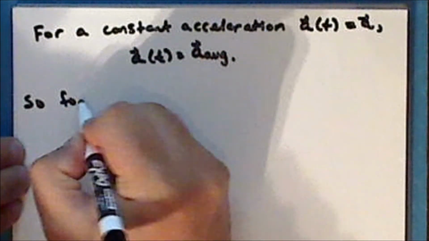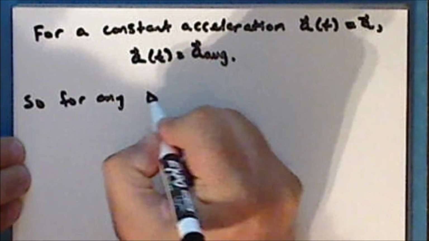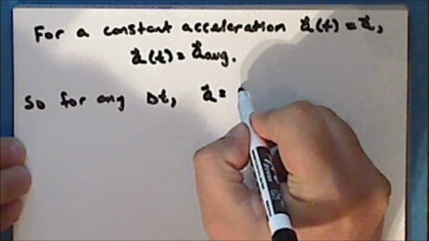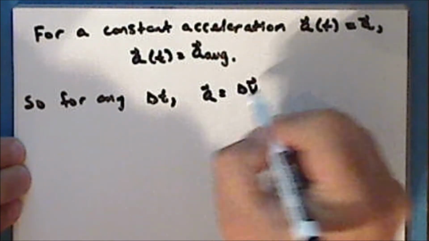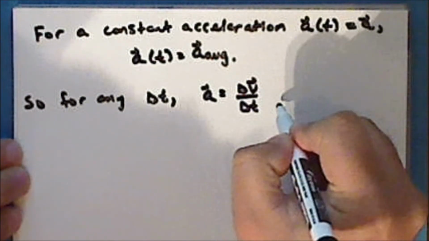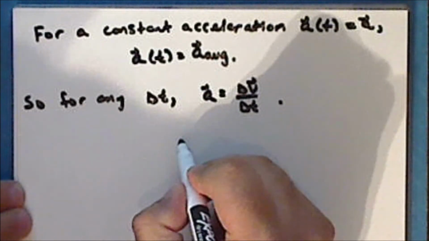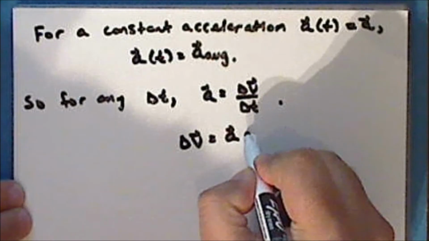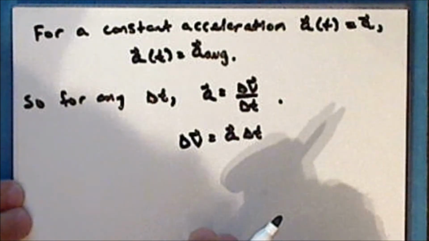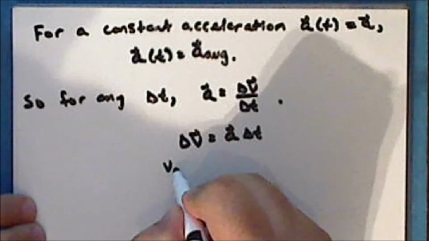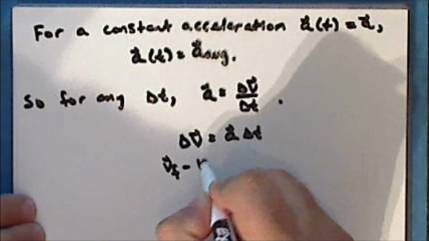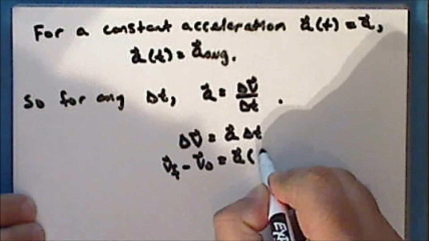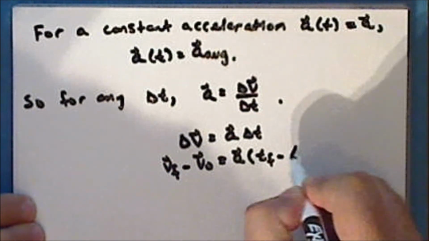And so for any time interval delta t, we have that the constant acceleration is equal to the change in the velocity divided by that time interval delta t. And so the change in velocity is equal to the constant acceleration times the time interval delta t. And this is the final velocity minus the initial velocity is equal to the acceleration times the quantity, the final time minus the initial time.